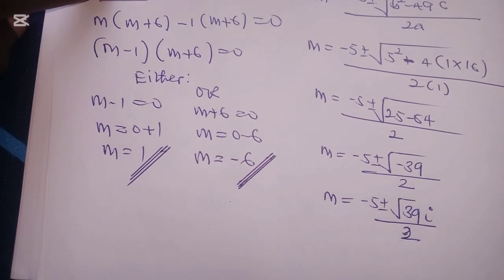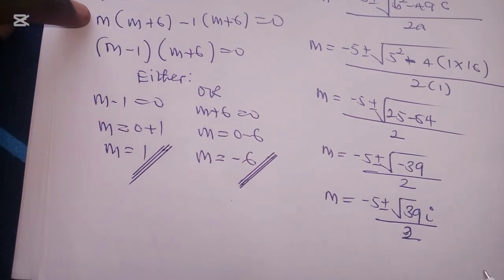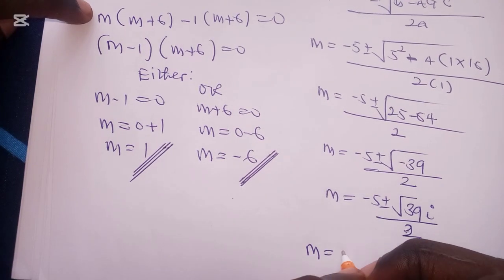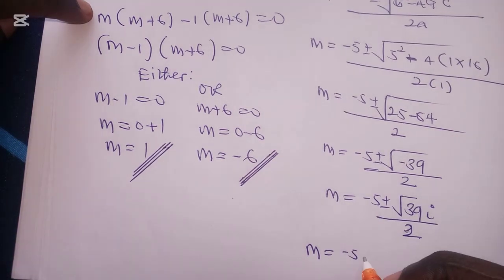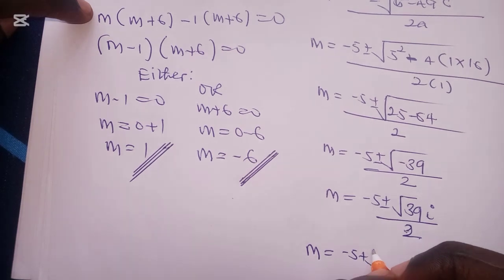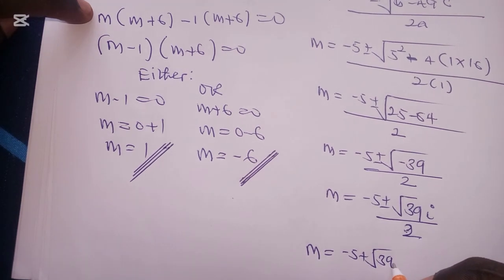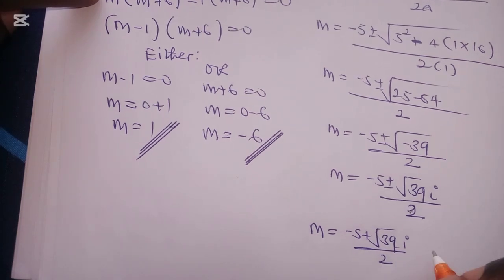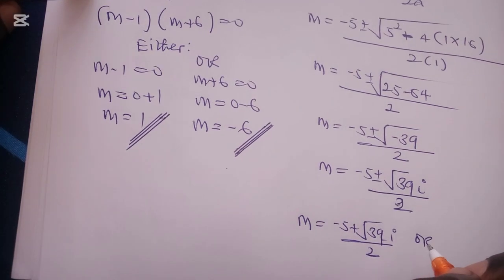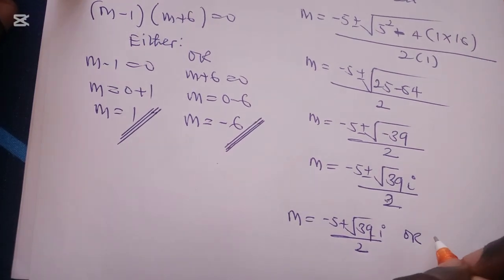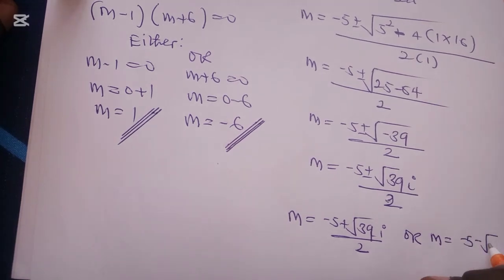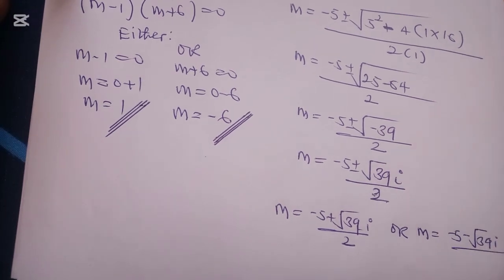So the possible values of m for this other quadratic equation are m equals minus 5 plus the square root of 39i divided by 2, or m equals minus 5 minus the square root of 39i divided by 2.